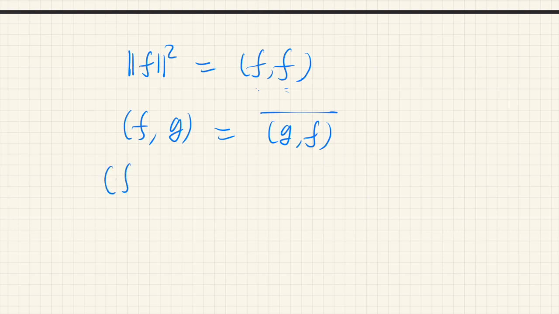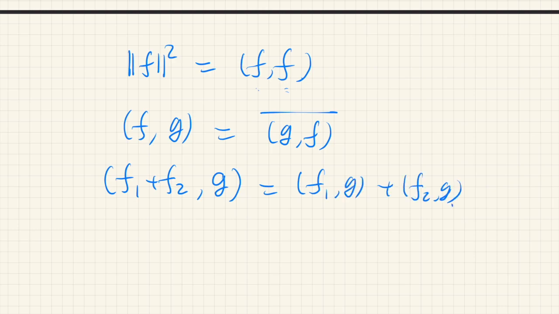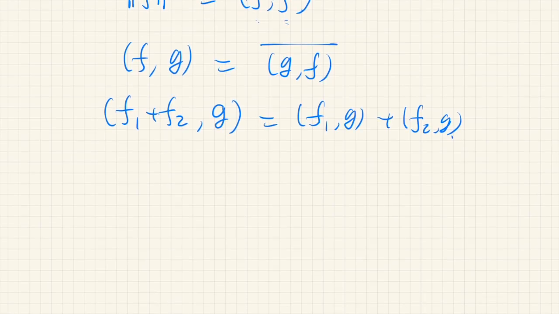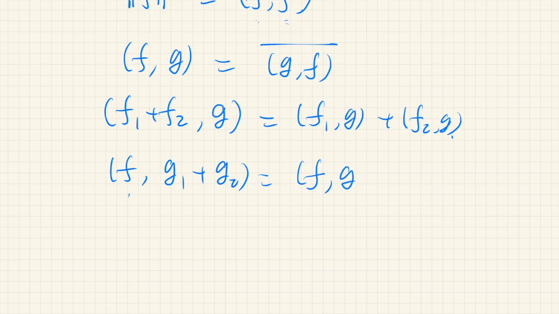The inner product of f1 plus f2 with g is f1 g plus f2 g. This is a distributive law of the inner product. The same applies to the second component: f inner product with g1 plus g2 is the inner product between f and g1 plus that of f and g2.